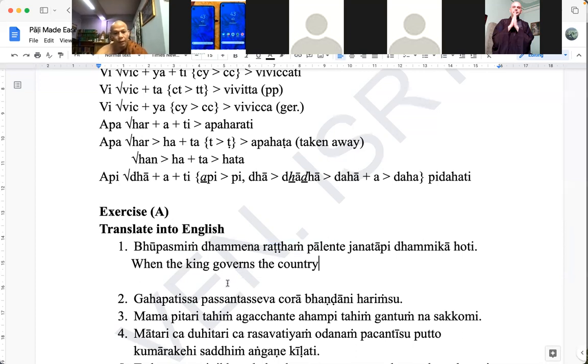The country. And then Dhammena. So Dhamma means righteousness. And originally it is an adjective, righteous. Okay, but that adjective with the instrumental case: righteously, or with the Dhamma also. So with the Dhamma or righteously.